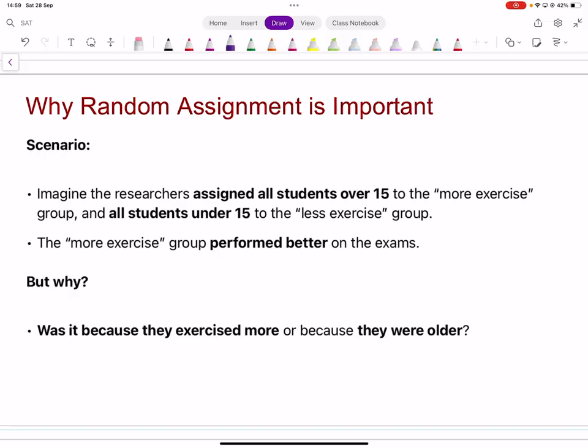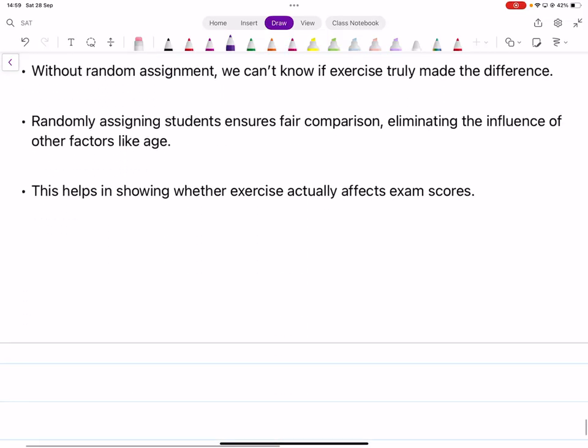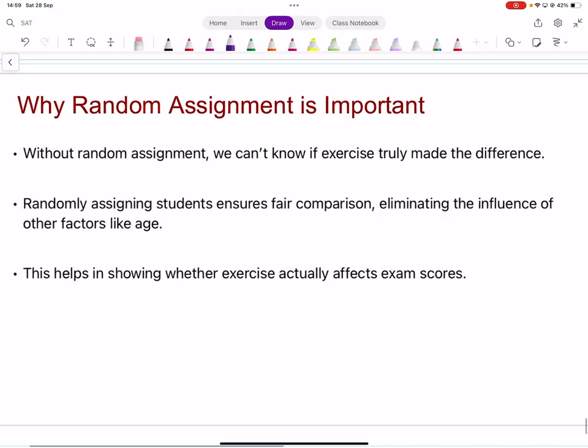We can't say that for sure. So unless we do random assignment and we have equal numbers from each set of groups, each set of people, we can't know what it is exactly that is making that difference. Okay? Any problem with this?